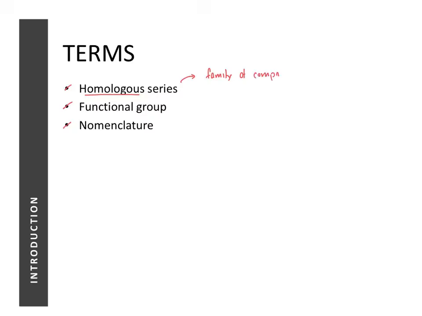Now let's focus on the word family. When you look at the members of a family, sometimes even without them introducing themselves, you can already tell that they are members of a family, right? How so? Most of the time, members of the same family have the same features, correct?